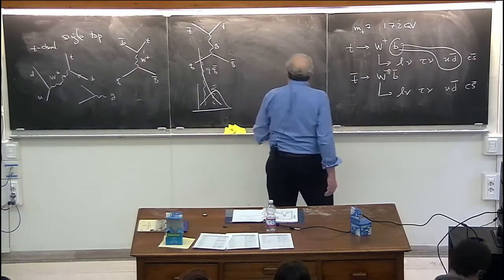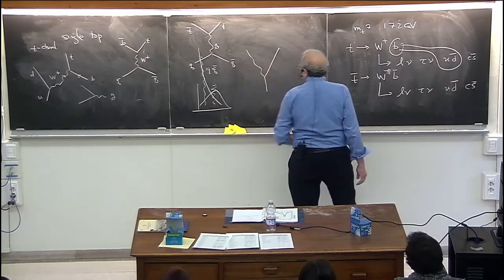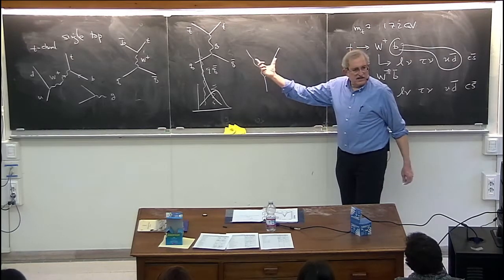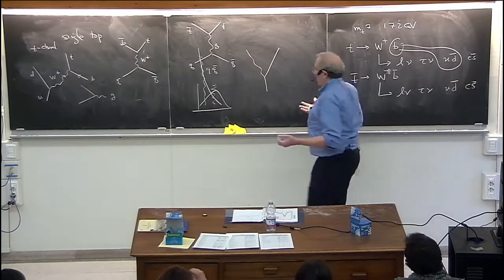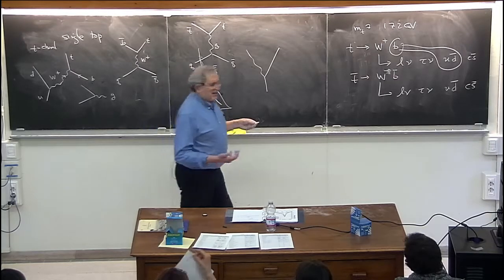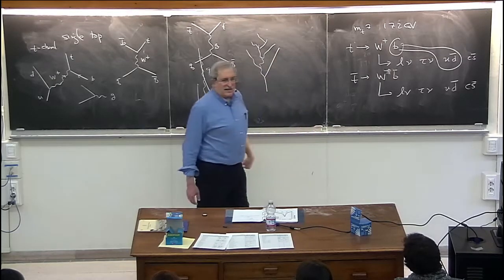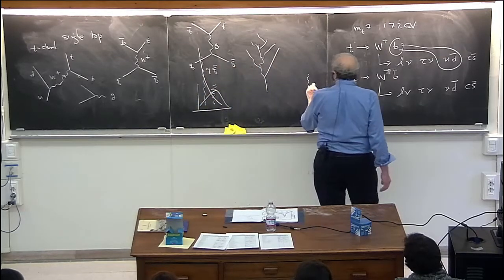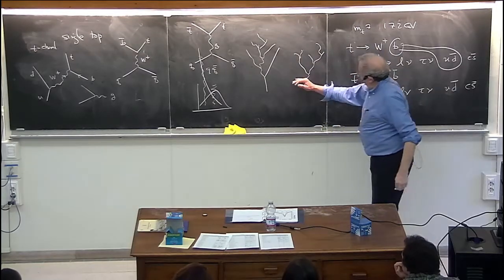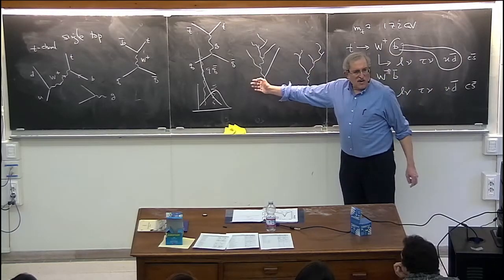Remember, if I have a jet, the structure of the jet is determined by basically the first splitting. The first splitting tells you how wide it is, and roughly, when you have a gluon, you then tend to make more gluons. And the multiplicity in jets is always dominated by a multi-gluon cascade. So if I start with a gluon, I'm much further along toward creating many particles than if I start with a quark.